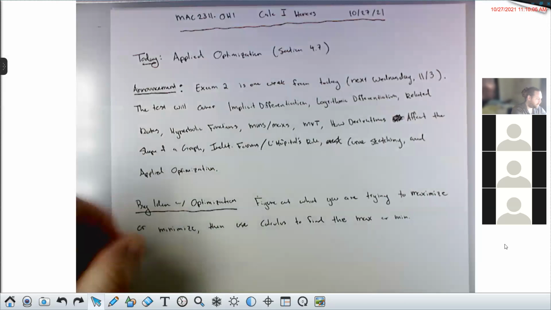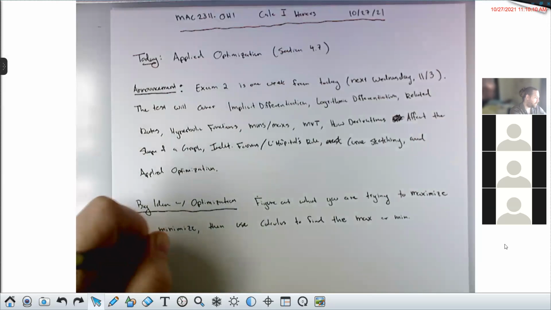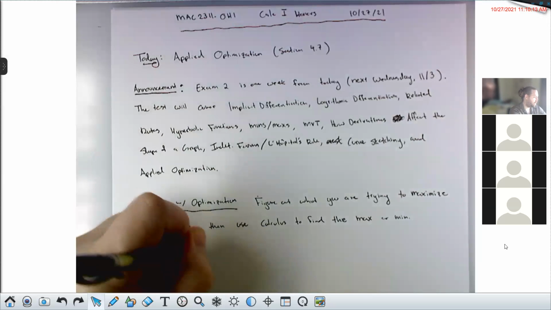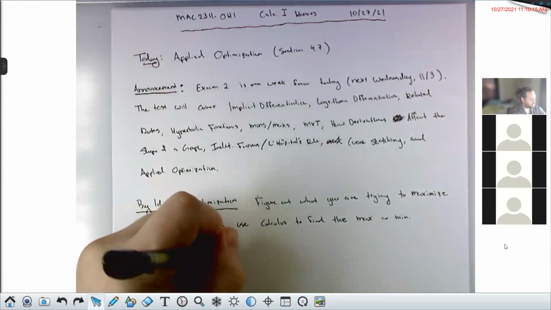The classic first example here is a farmer has something like 1,000 feet of fence.